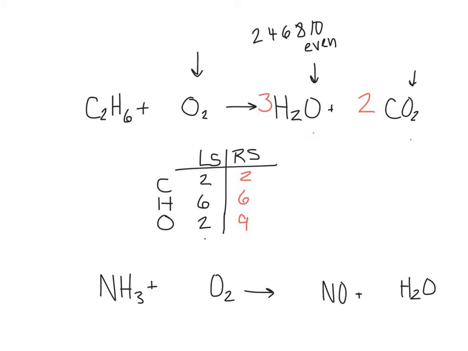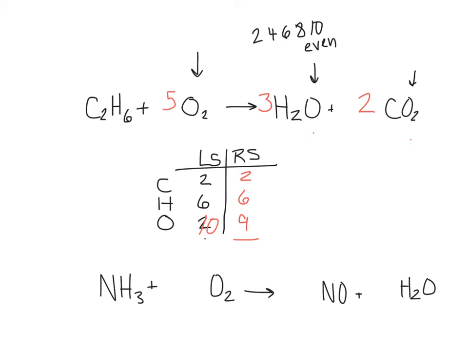So we have too many oxygen on our right-hand side, so I'm going to change our coefficient. The closest I can get is 8, 10, so I'm going to try putting a 5 here, so that'll give us 10 oxygen, but we're screwed on the other side.